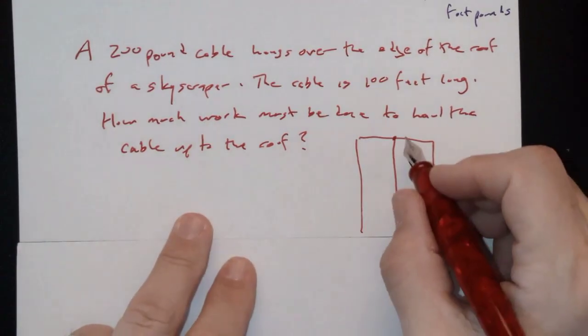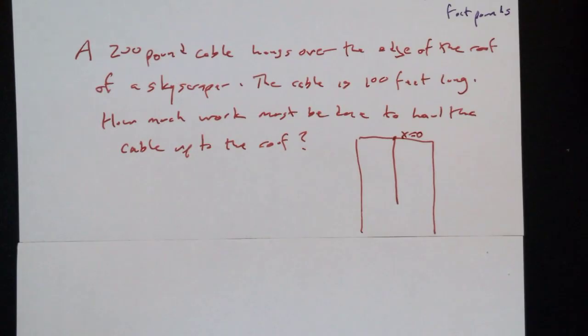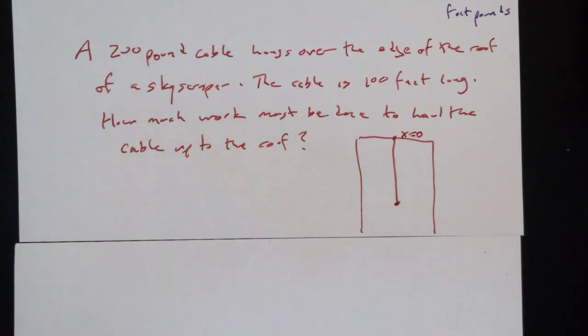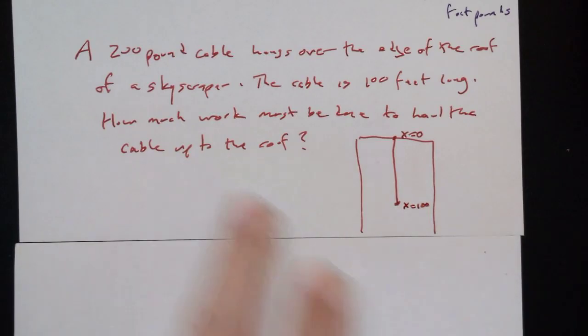So this is going to be zero movement. This piece down here, that's at the other end. That's 100 feet. So that bit of cable's got to go a lot further than this bit of cable.